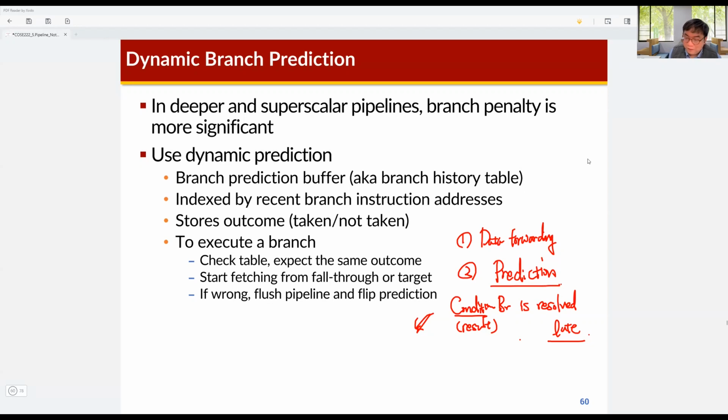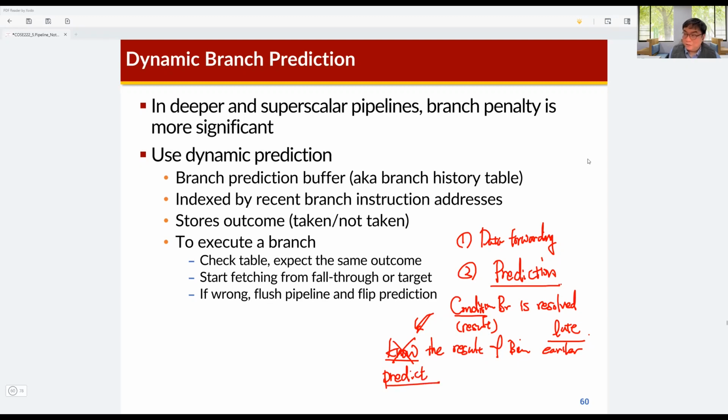So how can we reduce the wasted clock cycles? It's simple. If we know the result of the branch instruction earlier, then we can reduce wasted clock cycles by control hazard. But we cannot know it early, so in this case, we can predict.